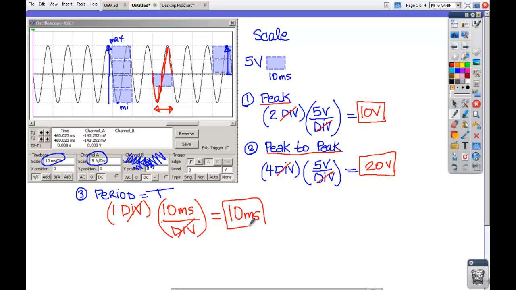So that is how long it takes to do one complete cycle. And that's no matter where you picked. If you had picked to start here, one complete cycle would go to here. And that's still one complete box, even though we start in between the grid lines. It's just easier to see if you could start on a grid line, and of course it's easier if you end on a grid line.